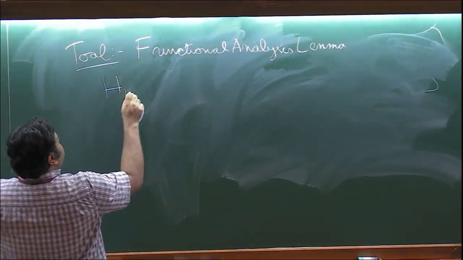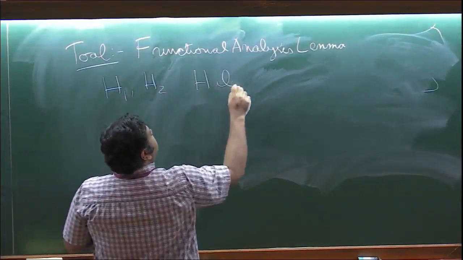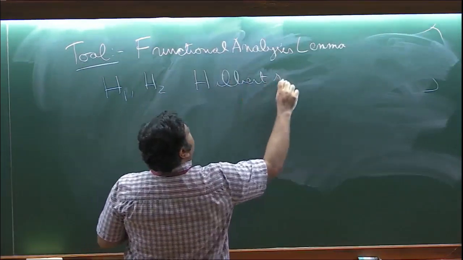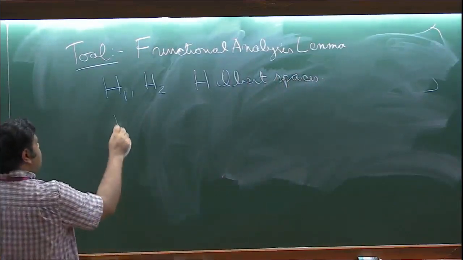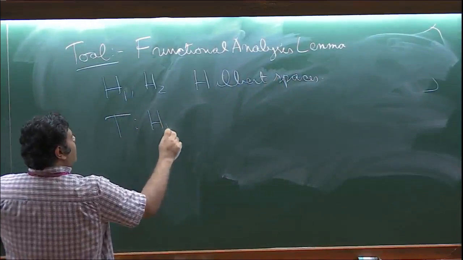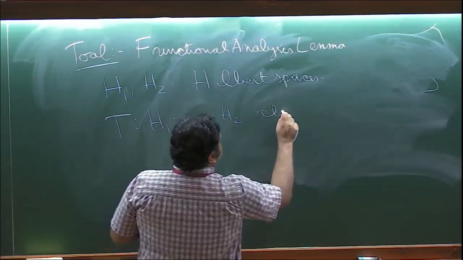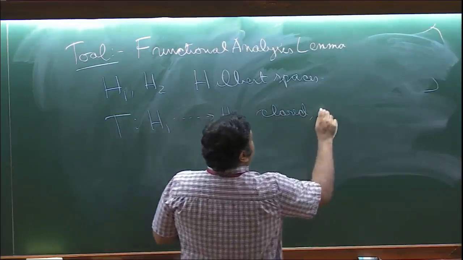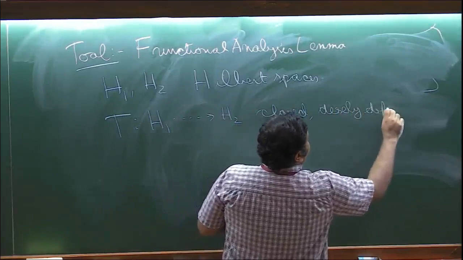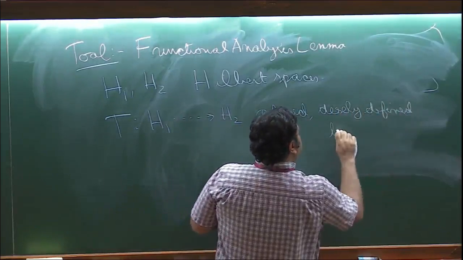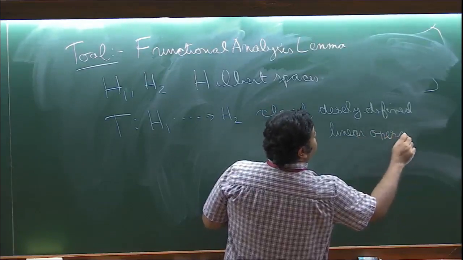So H1 and H2 are Hilbert spaces. And T from H1 to H2 is a closed, densely defined linear operator. And I will define what these terms mean in a few minutes.